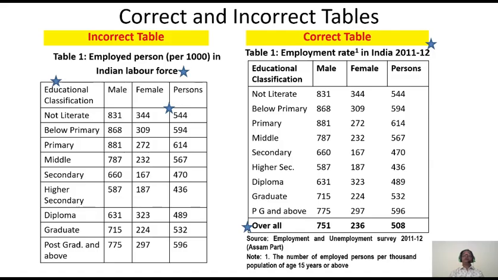So you see one interesting thing, that educated people are finding it difficult. Those who are secondary, 660 employment rate, higher secondary 587, diploma 631, but with graduation 715 it has increased a little bit, but is less than the national average. PG and above, 775 of them are employed, which is above the average.